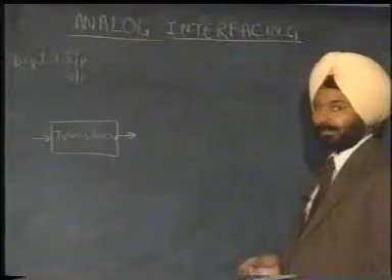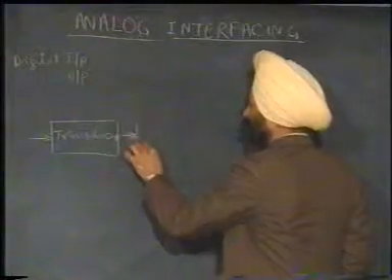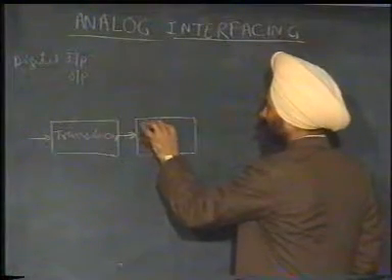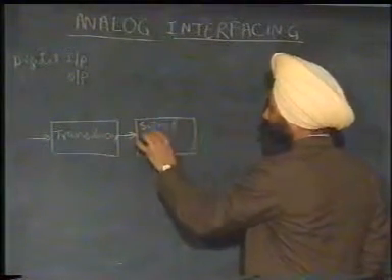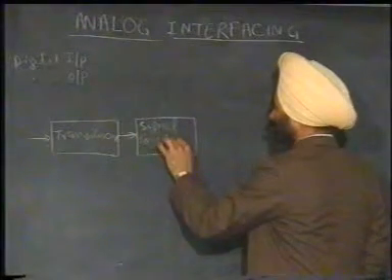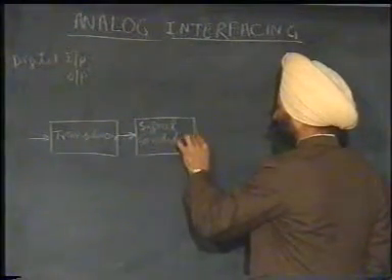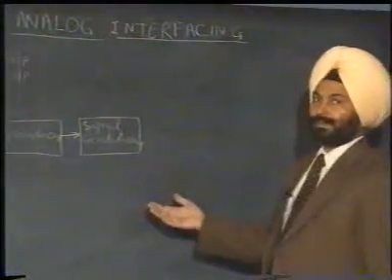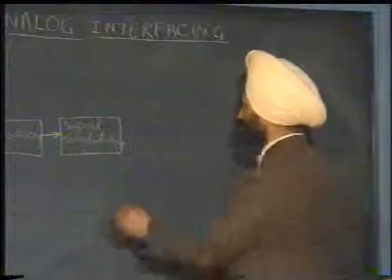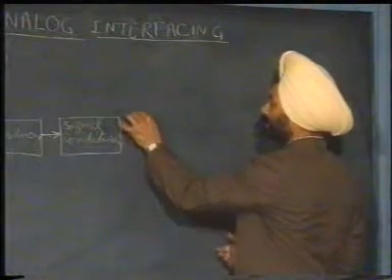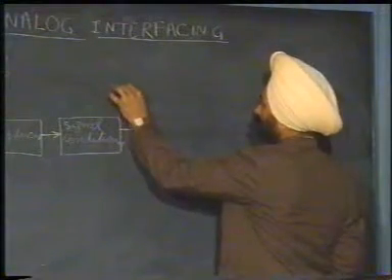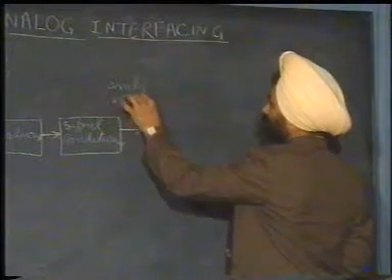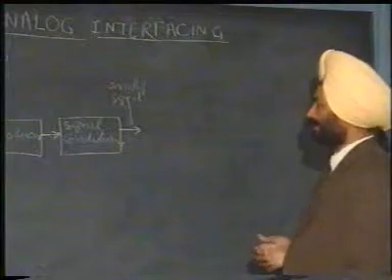The signal may be weak, so we condition it, that is, we amplify it, filter it, linearize it, and then the analog electrical signal available here is strong enough.